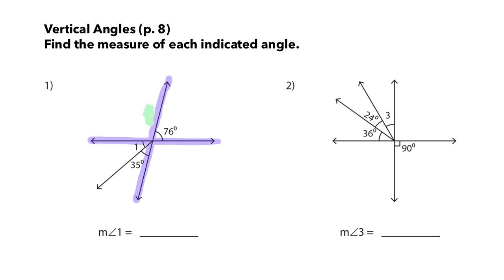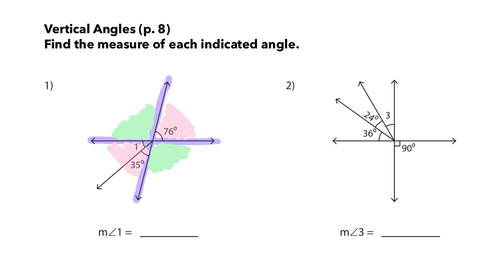We have the set in green, and then a set I've highlighted in pink. Do we see the vertical angles? Yes, ma'am. The pink has the information, the green are blank. But the two pink ones have to be equal to each other.